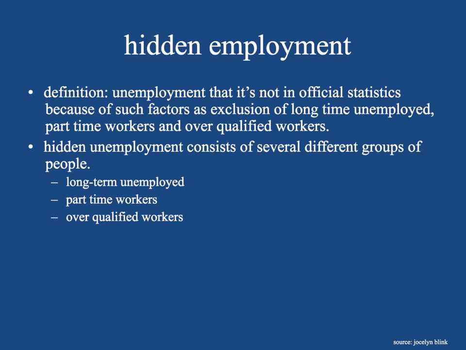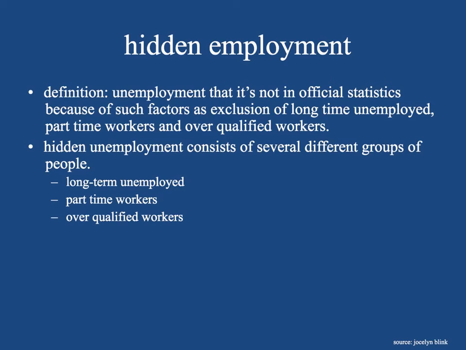So they're not unemployed, so they're not included in the unemployment rate, but they have a part-time job, which means that they're not really fully employed the way that they would like to be. So the unemployment rate wouldn't take this into account, and it's not the full data that you would want to have.